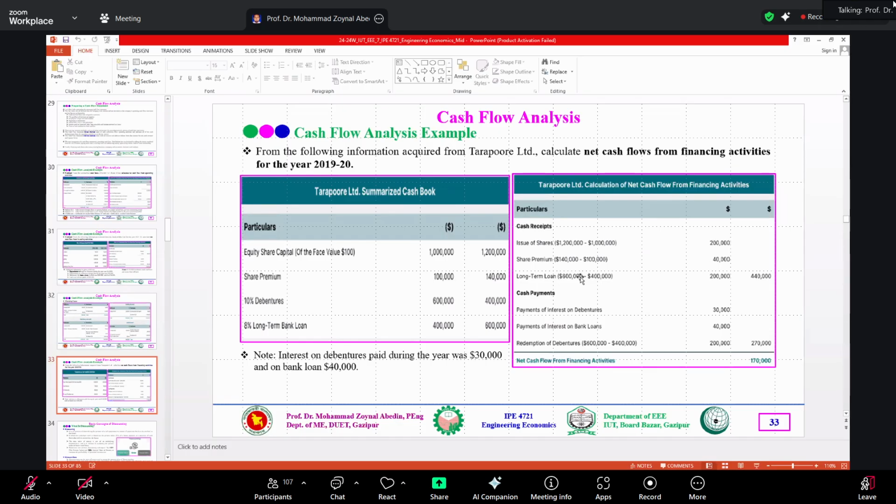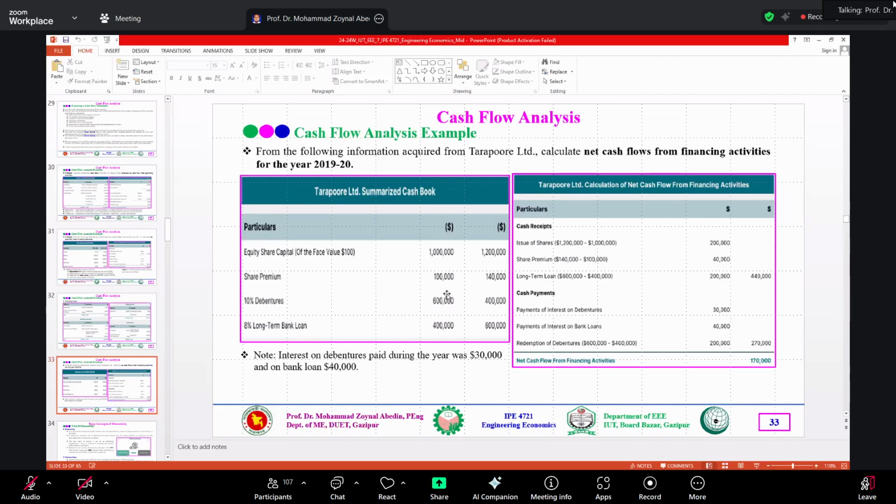And then another one is the share premium. Share premium is similar to the share. Here is the share capital, here is the share premium. Both are shares. If you issue this share, you are getting this money. Initially it was 100K. Now it is 140K. So the difference is 40K. Also a positive value.